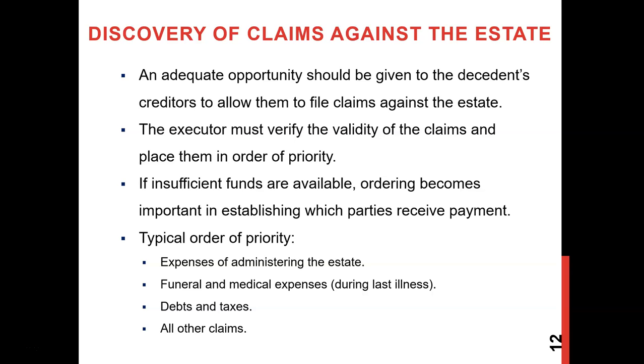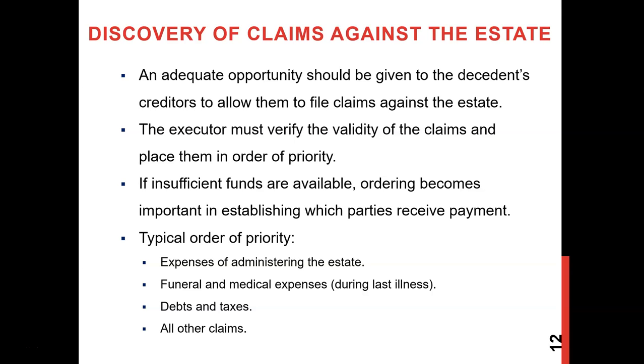But as for how the payment will start, there is some order of priority. First, we have to pay the administrative expenses related to the distribution and the estates. And then we also have to pay the funeral and medical expenses. For example, if there is any bill related to the last illness, and if there is any debt, of course you have to pay that, and federal and state taxes.